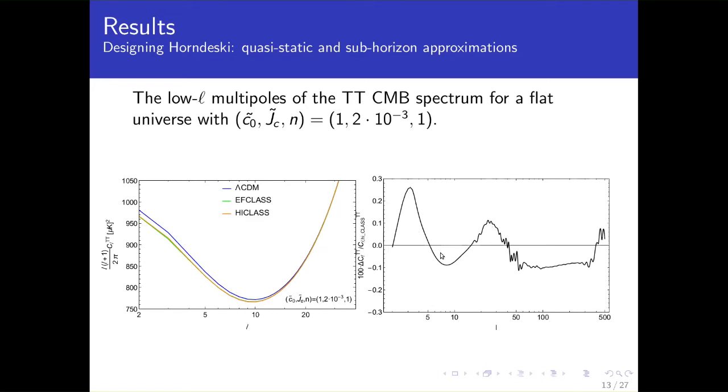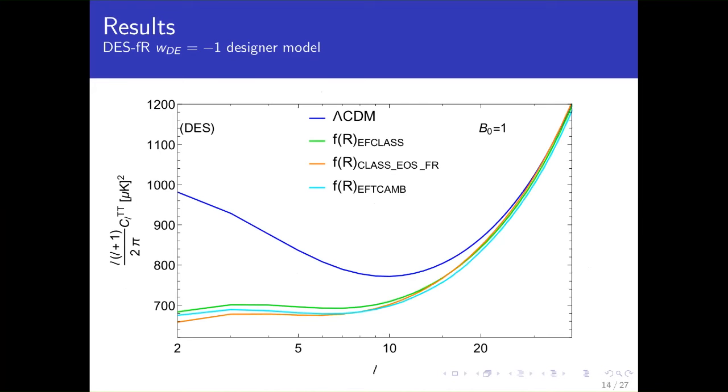So in this way, we validated the approximations that we employed in our methods. We also did it for f of R models. The first case we did is f of R which also has a background which matches lambda CDM, that is, it has an equation of state equal to -1.